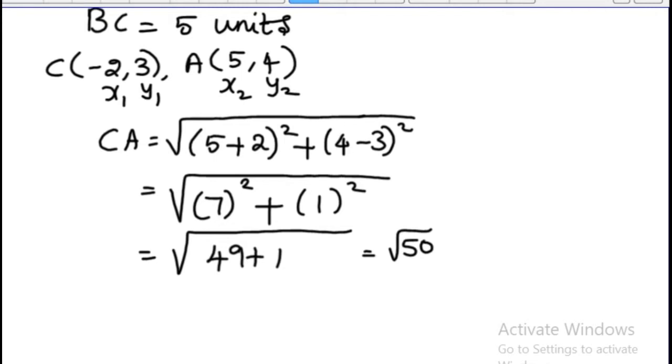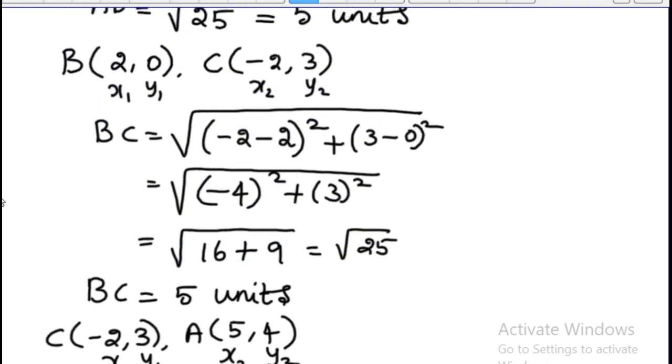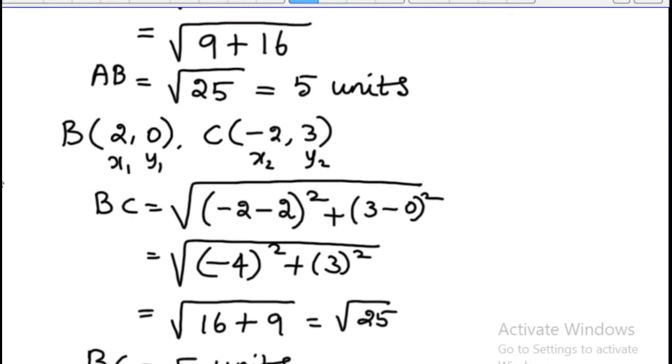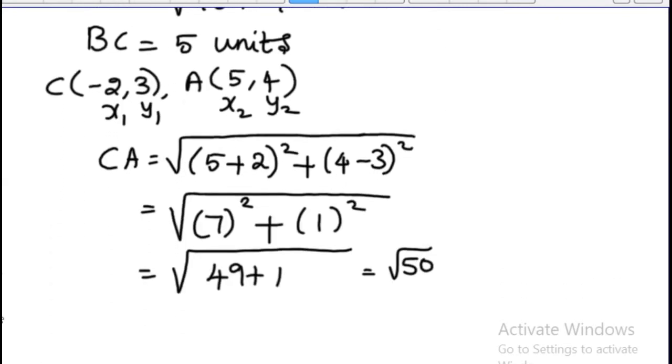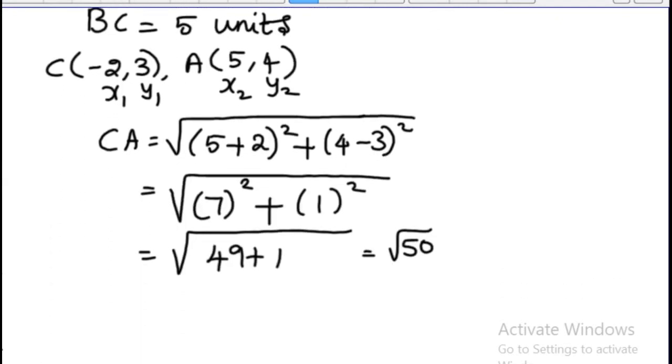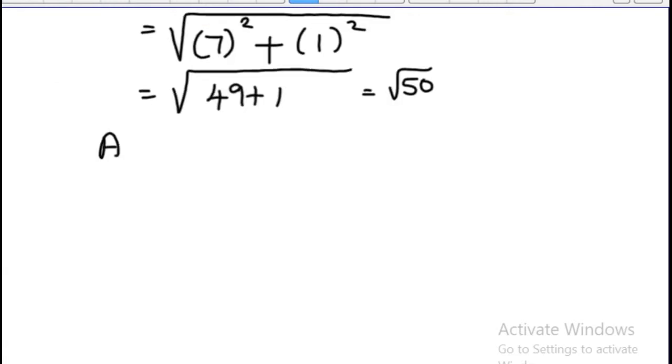So we want to prove it is an isosceles triangle. For that the condition must be any two sides must be equal. Already we found that AB and BC have the same value, 5 units, so no need to do anything, just we can write AB is equal to BC.